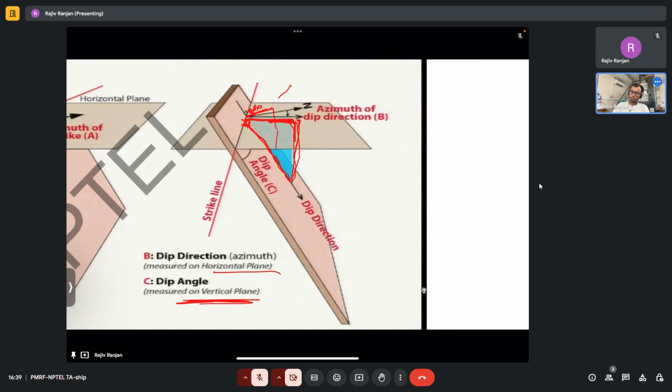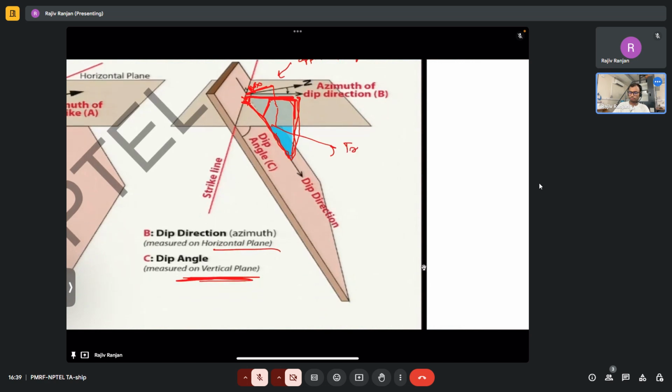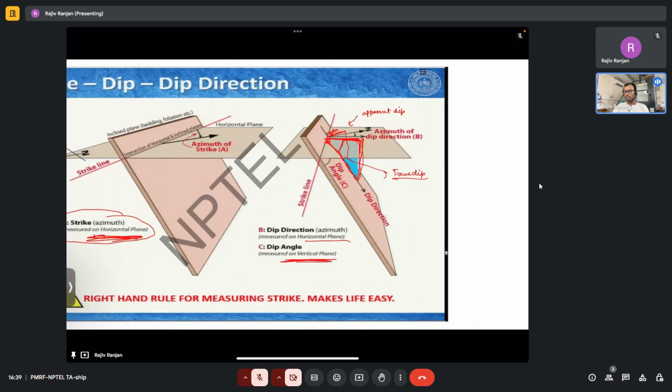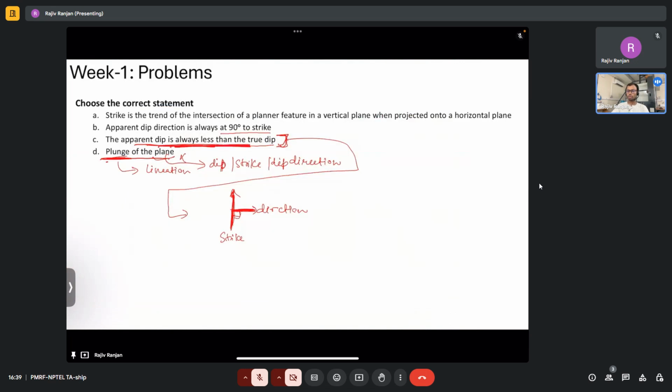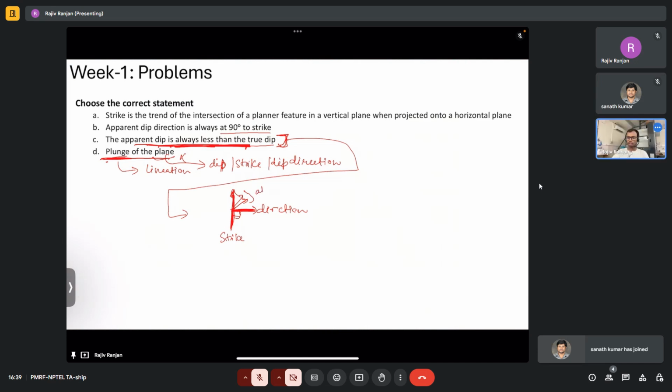This will be called the apparent dip, and this is what we call the true dip, right? So the apparent dip will always be less than the true dip, because true dip is measured at 90 degrees, and in all other directions this will give us the apparent dip, right? So that is why option C is correct.